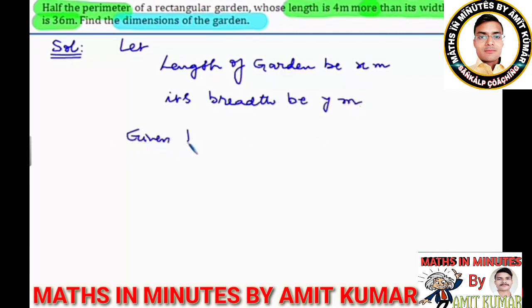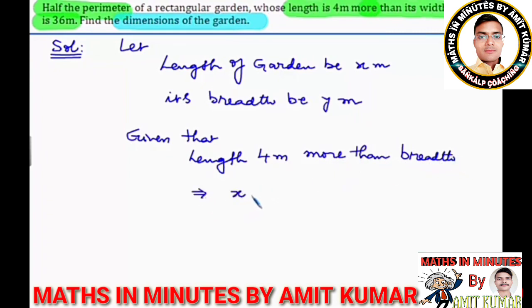It is given that length is 4 meter more than the width, and we can write this condition as x is equal to y plus 4, or x minus y is equal to 4, equation number first.